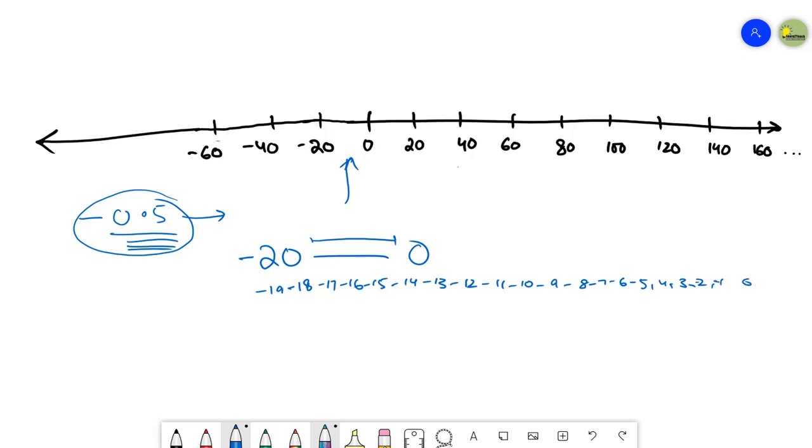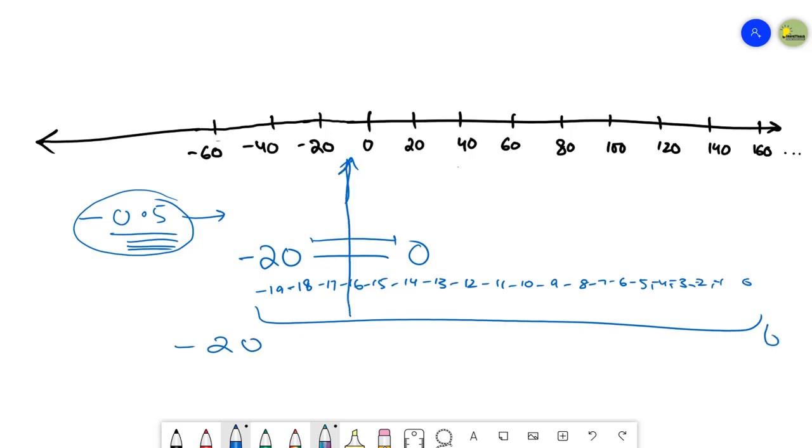These all values will be negative, right? These are the negative values that are going to be marked in between minus 20 and 0, in this particular distance. This is the only distance where I have to mark these values.